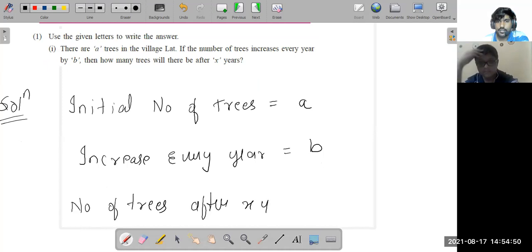A plus B is right, but you're missing where to put the X.